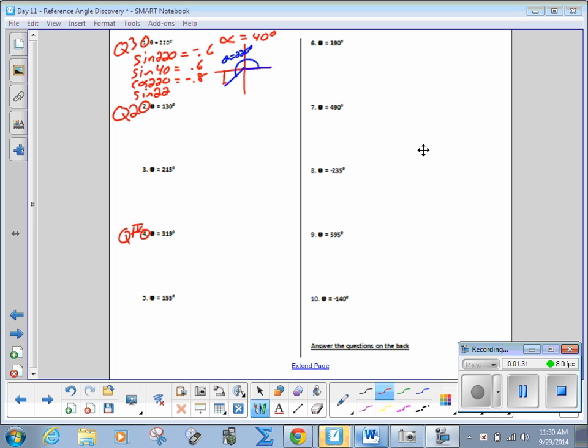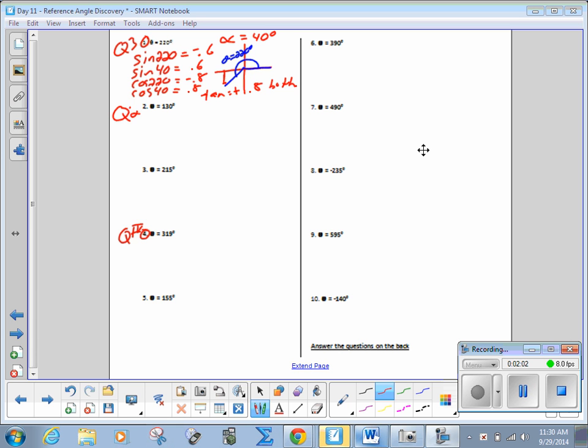Tangent, cosine of 40 was 0.8. Okay, and then the tangent should have been 0.6 over 0.8, or the negative 0.75? Oh, it wasn't negative. It was positive? Okay. Yeah, that makes sense.